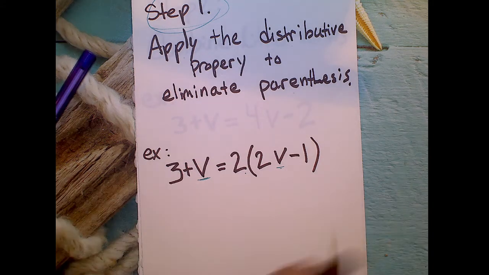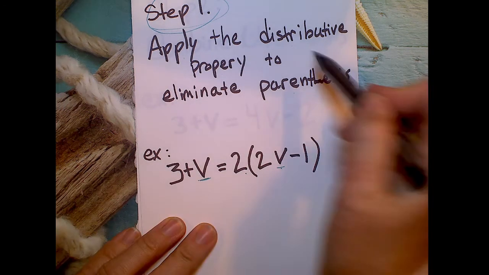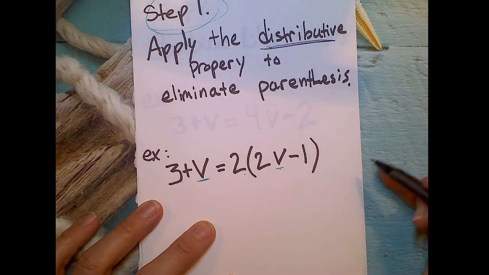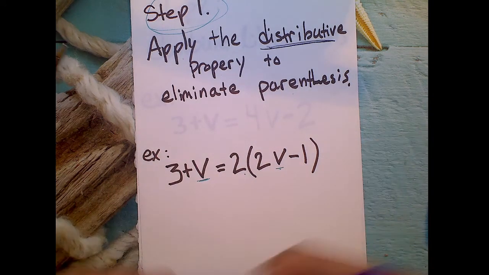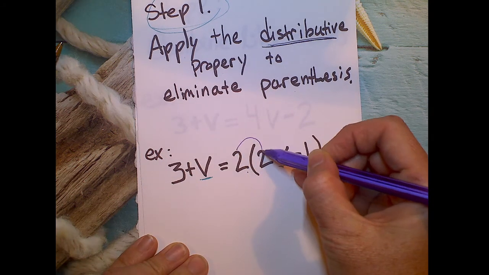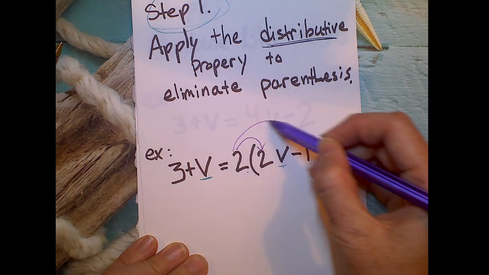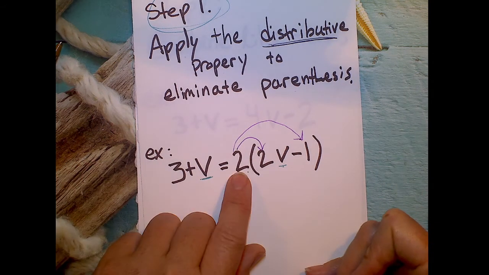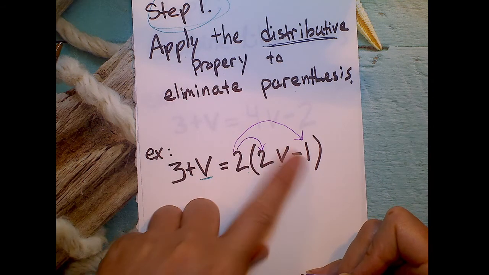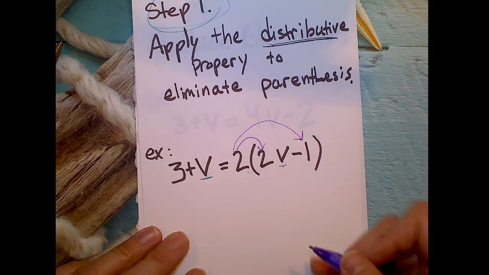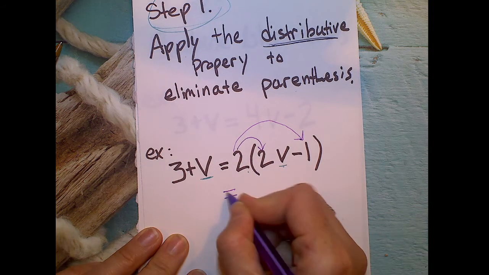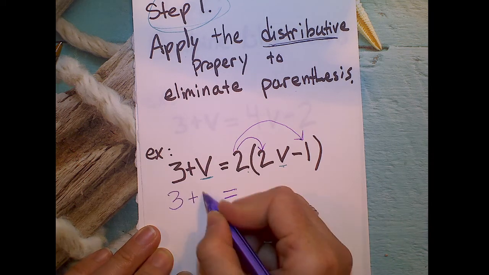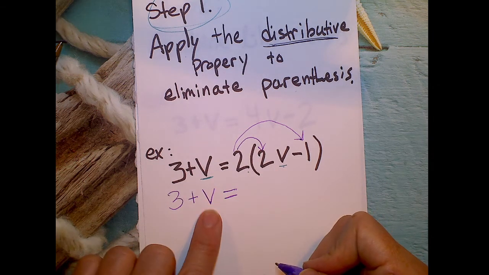Okay, so we're going to apply the distributive property. Do you remember the distributive property? It means we're going to distribute 2 times 2 and 2 times 1. So we have to have this multiplication distribute throughout the parentheses. So I'm going to go ahead and just write down the left side of the equation first. 3 plus v is unchanged.